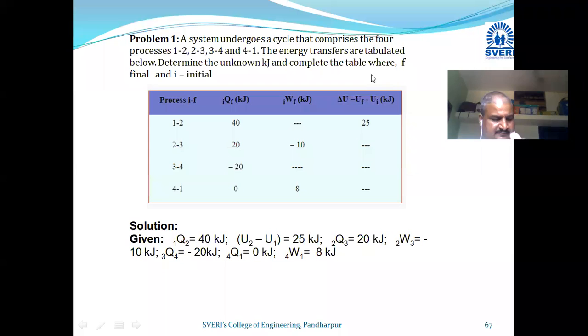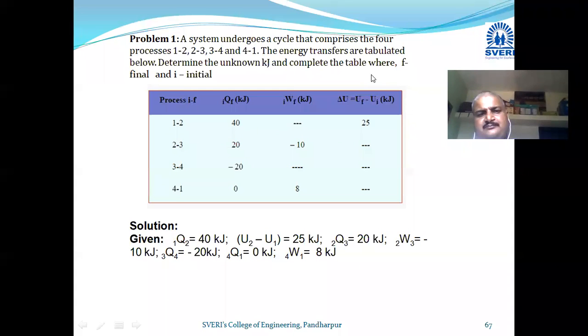In this problem, they have mentioned that a system undergoes a cycle that comprises four processes. यानी कि ये जो सिस्टम है और सिस्टम में एक साइक्लिक प्रोसेस है. इस साइक्लिक प्रोसेस में there are four kinds of processes: 1 to 2, 2 to 3, 3 to 4, and 4 to 1. The first column in this table is indicating the processes that happened.